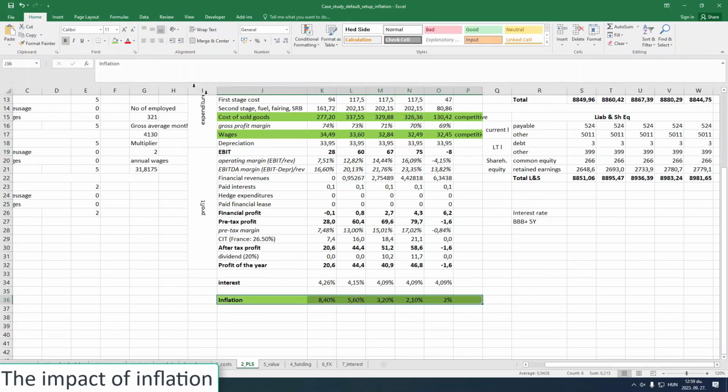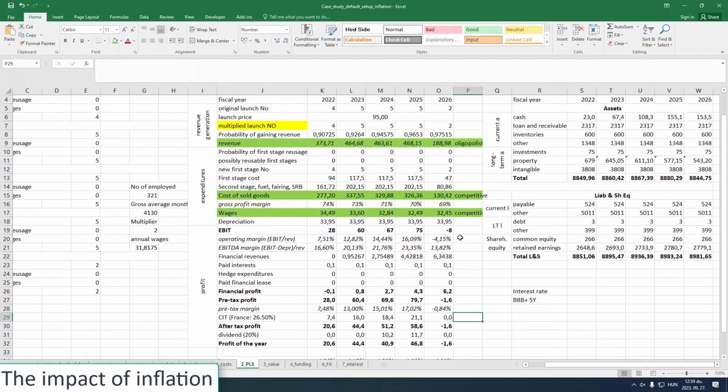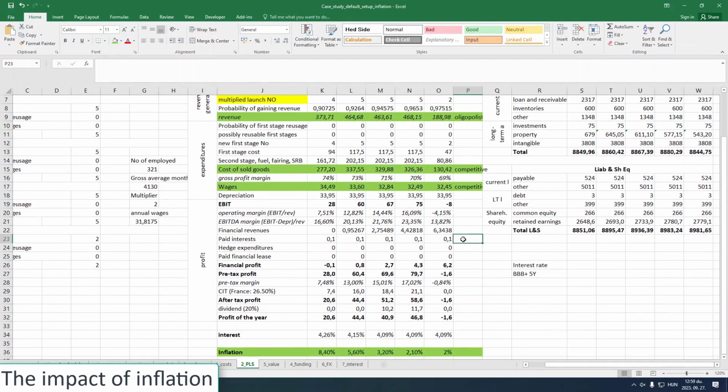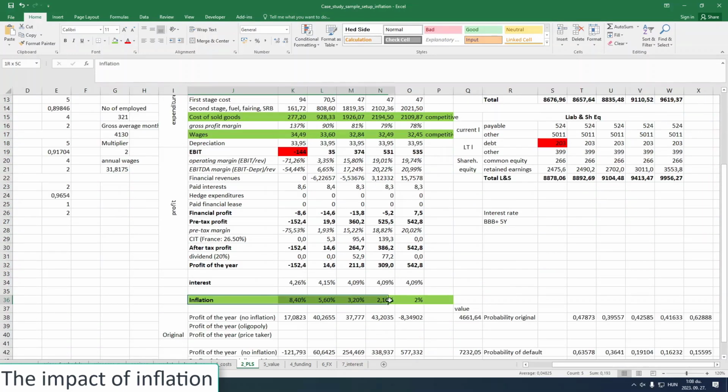Because now we can see that this is inflated. So what? Let's say that price level. It's not a, it's italic.